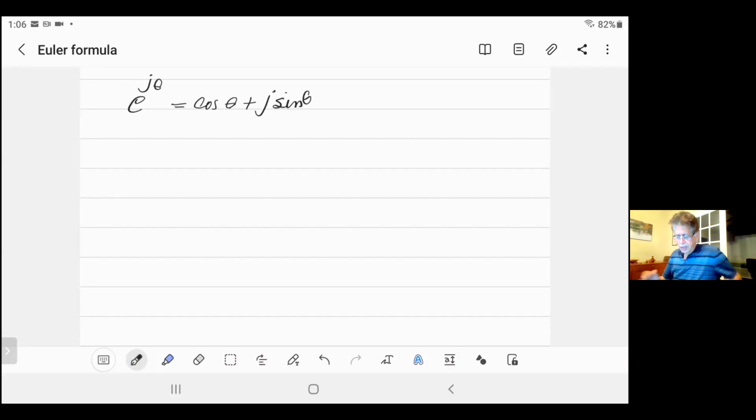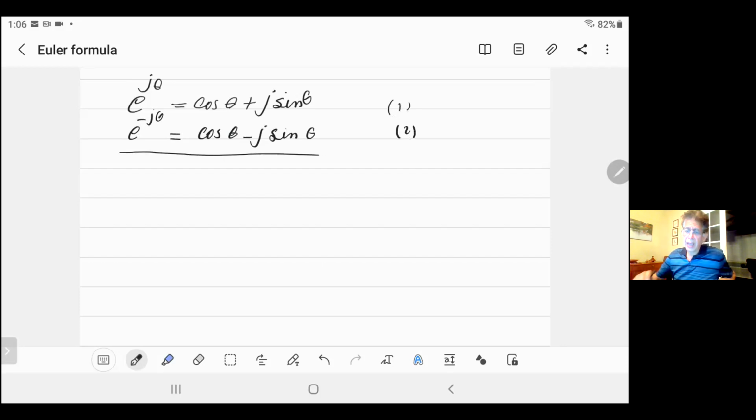If you have e to the power of minus j theta, it's easy to deduce that it is equal to cosine theta minus j sine theta. That's equation 1, equation 2, and if you add both equations, you get e to the power of j theta plus e to the power of minus j theta.